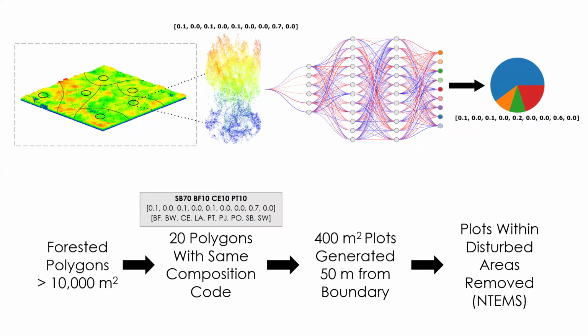And to see if this was even possible, we looked at polygons that were large enough in size. Anything that was over 10,000 meters squared, we included within our analysis. Additionally, to include only species that were more dominant and more prominent throughout the landscape, these polygons also had to have 20 other polygons that had the same species composition code.